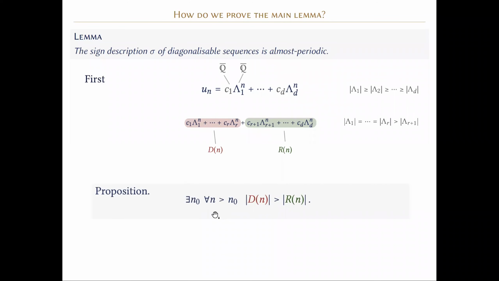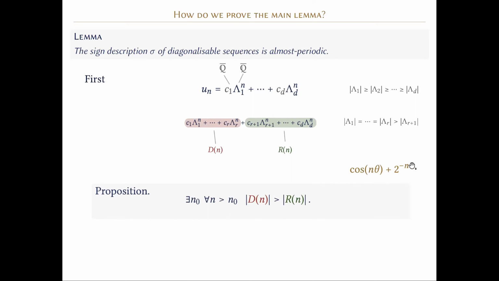The existence of such a result might seem obvious at first glance, because, of course, the lambda_1s are strictly larger than the lambda_r's in modulus, and when you raise a complex number to a power, its modulus also grows. But these algebraic numbers can cancel one another out. So, for example, suppose we have u_n equals cosine n theta plus 2 to the minus n, where theta is some angle that's not a rational multiple of pi.